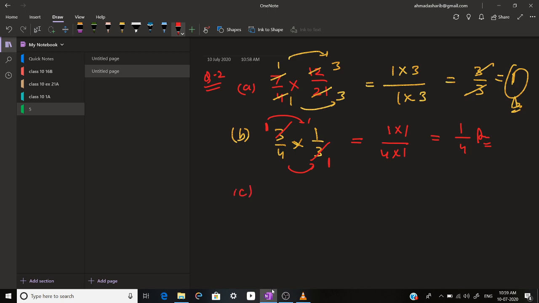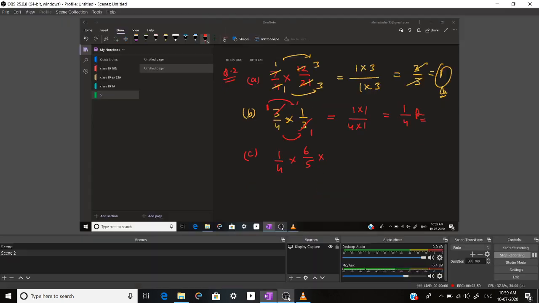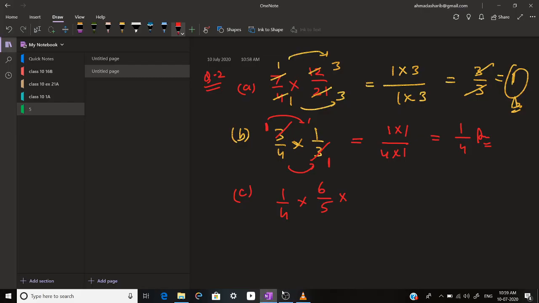Now next question C says 1 upon 4 multiply 6 upon 5 multiply 8 upon 9 multiply 7 upon 12. Okay, so as we can see here, we can reduce so many numbers in cross. For example, 4 ones are 4, 4 twos are 8. Okay, 6 ones are 6, 6 twos are 12. Fine.